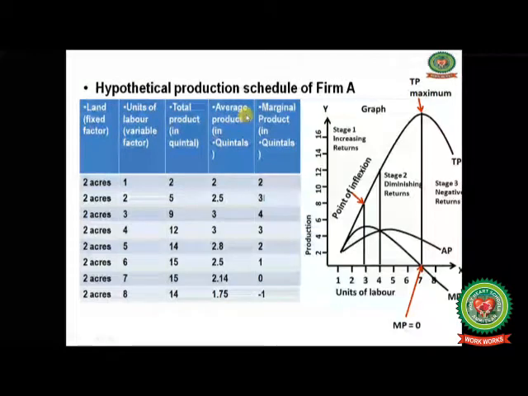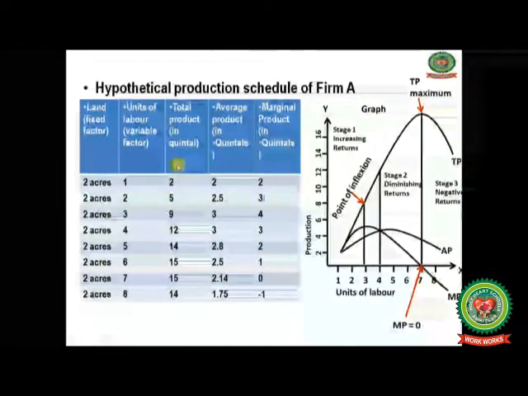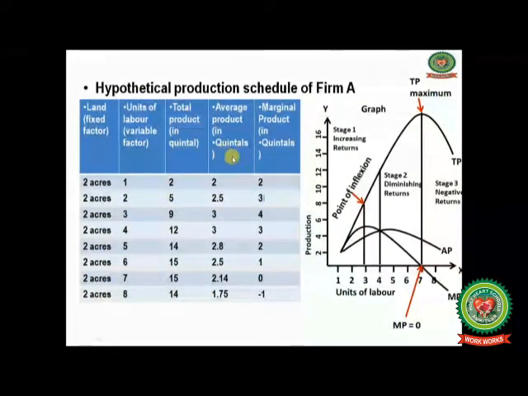Now let us discuss all these with the help of a hypothetical table schedule. First we will take the land as a fixed factor, that is 2 acres only, and the units of labor we will take as a variable factor.